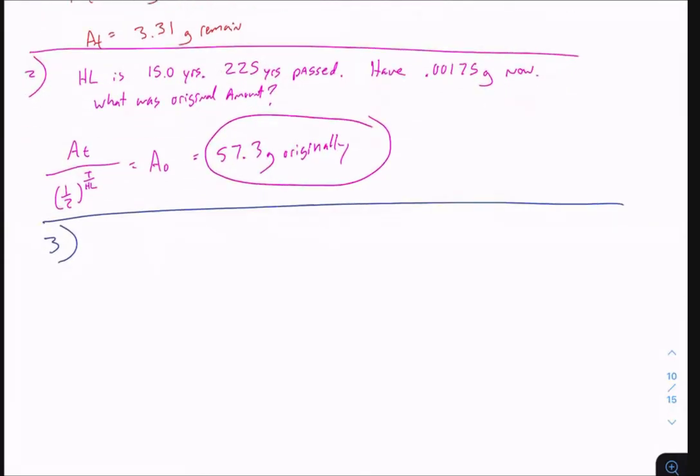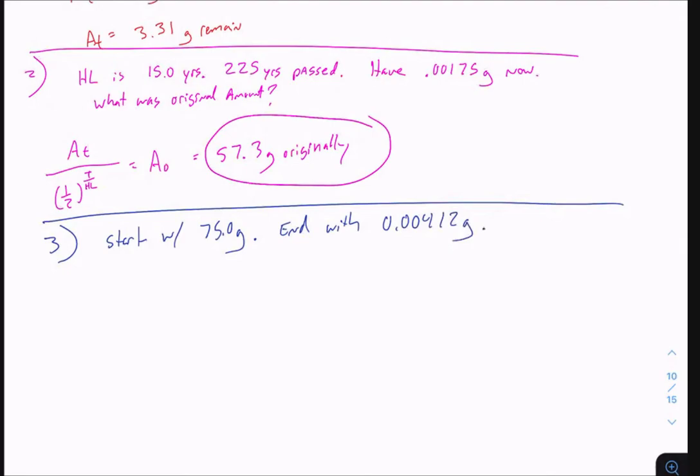Okay. So let's say we start with 75 grams of an isotope, and we end with 0.00412 grams.